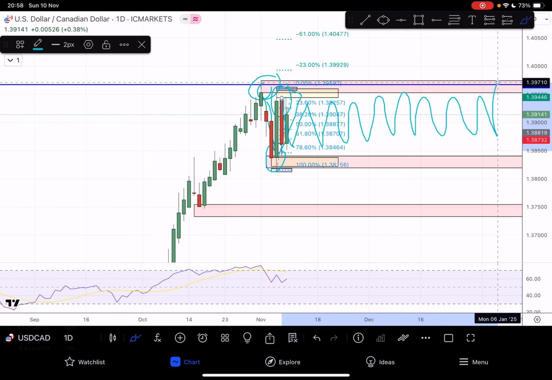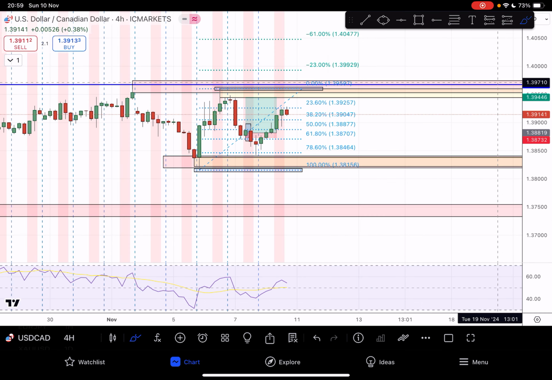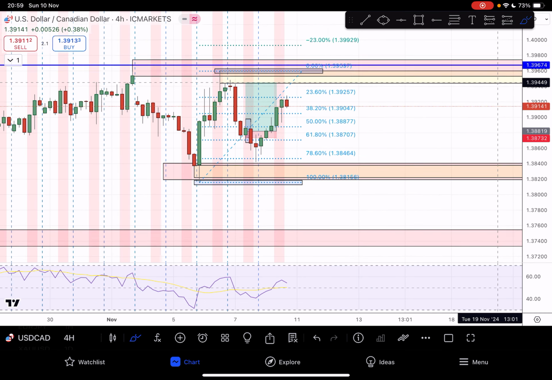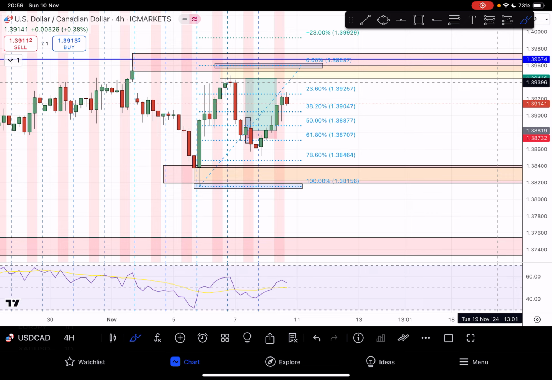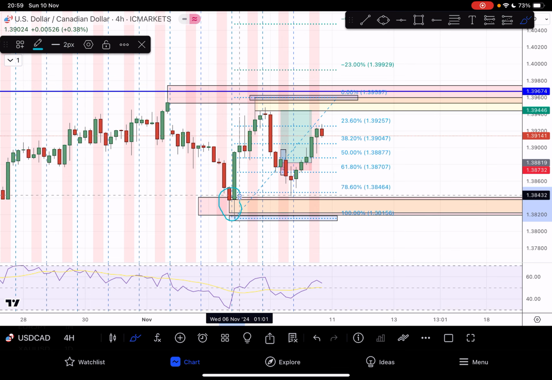It made a higher low previously. I do expect it to be bullish for the next day or two. But we'll have to see how DXY plays out as well. If you go to a H4 time frame, here is your higher low.